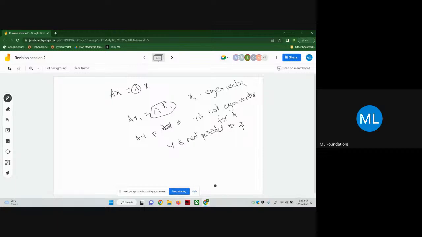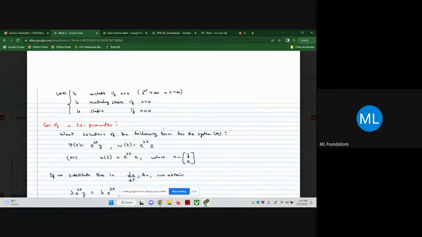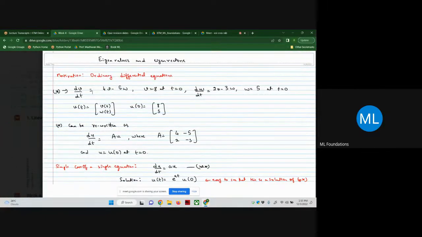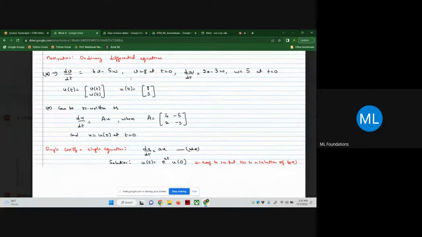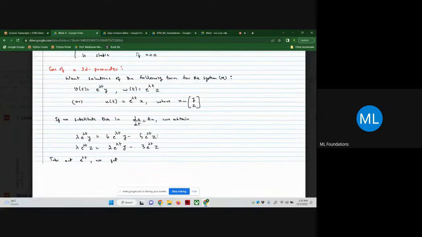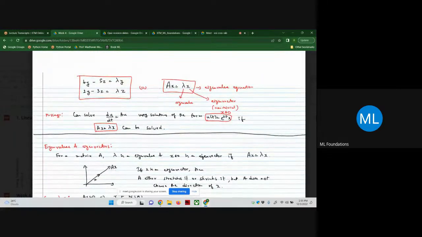We know how to find these eigenvectors. This is just an alternate way of solving for that. We have the same thing, Ax equals lambda x.